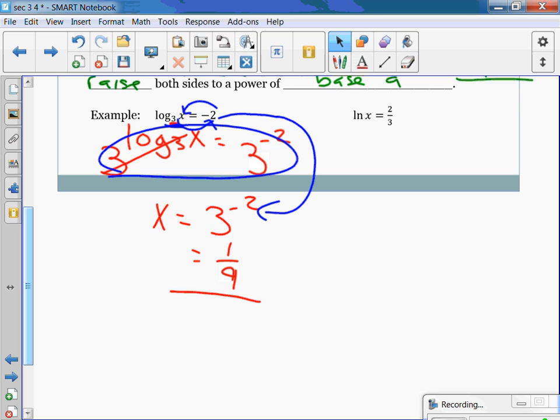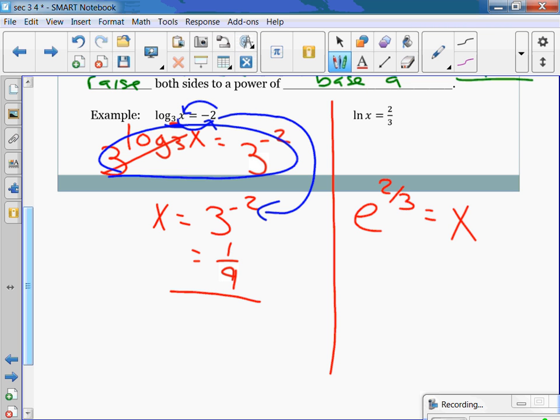All right? So, natural log of x equals 2/3. What should I do here? e to 2/3. As Shonda said, e to the 2/3 equals x. Because what is the natural log? It's just log base e of x equals 2/3.